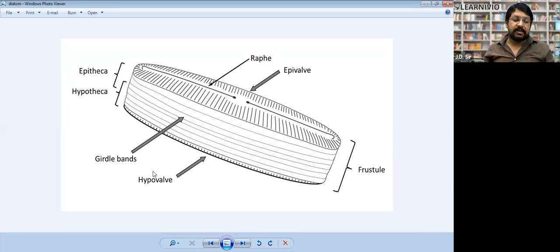These design elements are called girdle bands. Now the upper top is called epivalve, and the lower top is called hypovalve, right? So this is the structure of diatom, and this complete body shell, this complete covering made up of silica, is called frustule. So when a diatom dies, frustules do not degrade. We extract these frustules and use them for various purposes. Clear? Diatom clear?